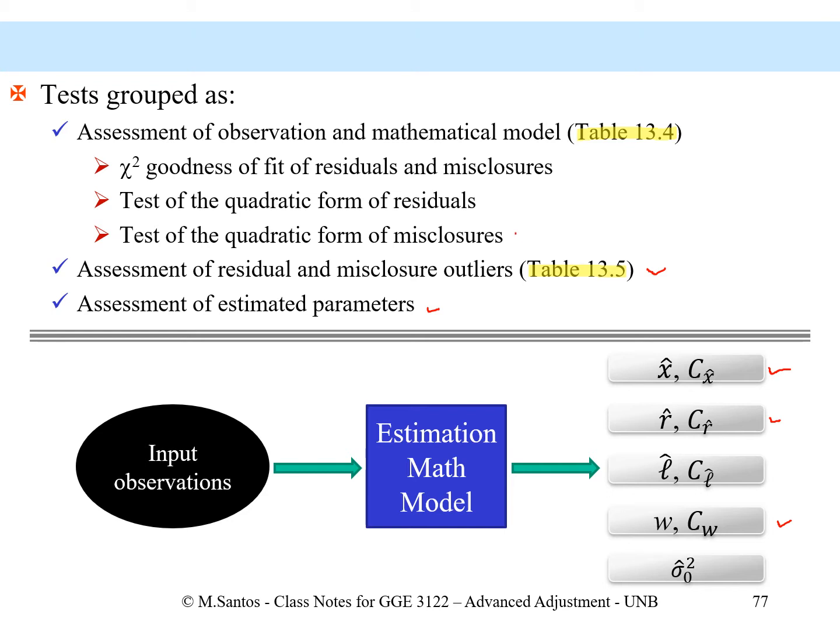Test for the quadratic form of the misclosures, again dealing with misclosures, wants to see if misclosures are normal. Test of the quadratic form of the residuals, a test that is going to involve the a-posteriori variance factor. Goodness of fit of residuals and misclosures, where we look at the normality of the histogram formed by residuals and misclosures.